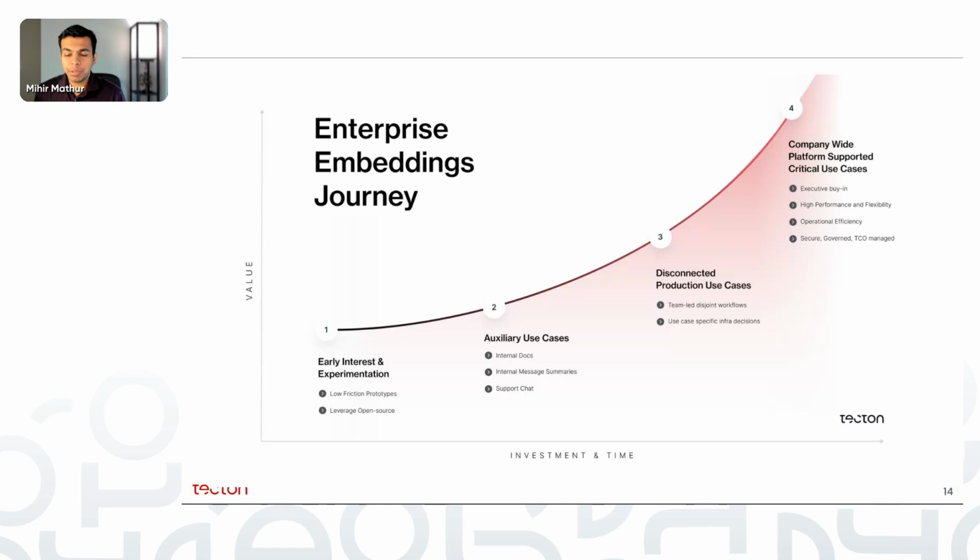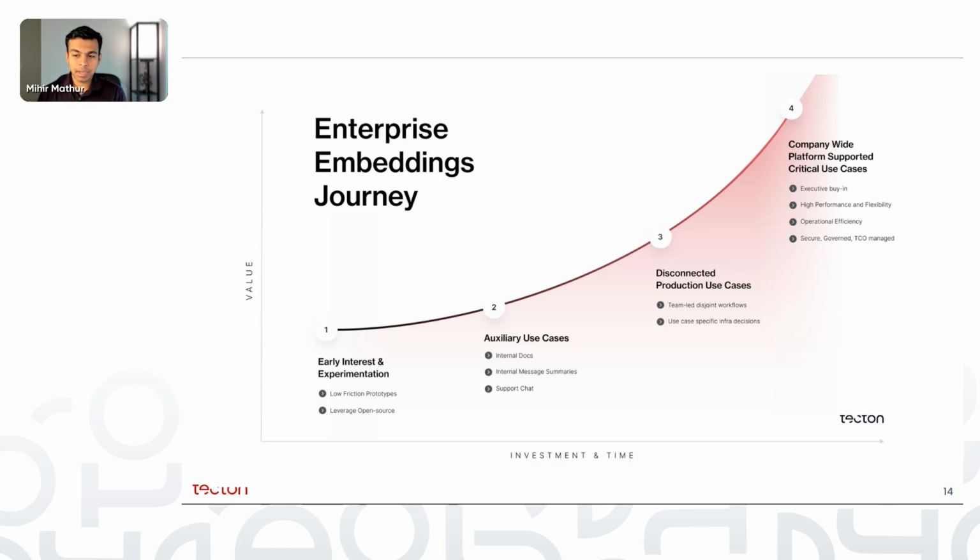The third stage in this value graph that we're seeing is disconnected production use cases. This is when there are different teams within a large enterprise and they figure out some business critical use case and go ahead and build embeddings for that specific use case.